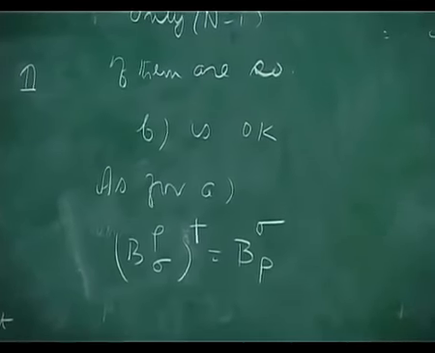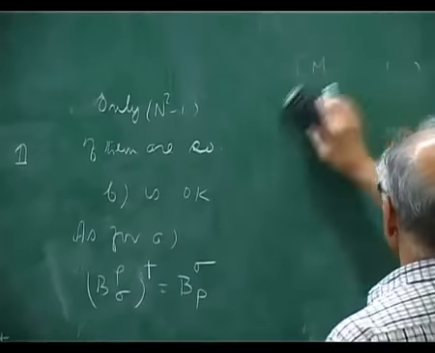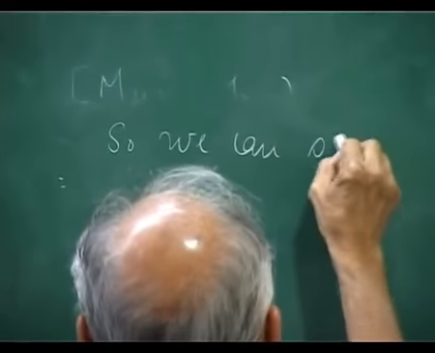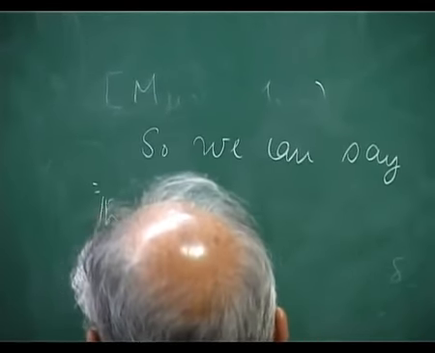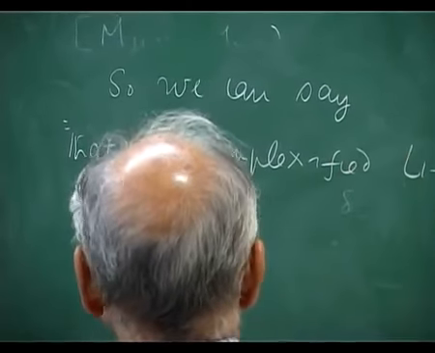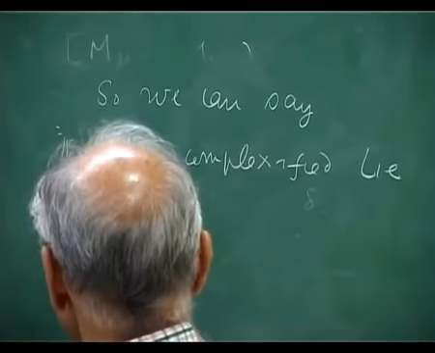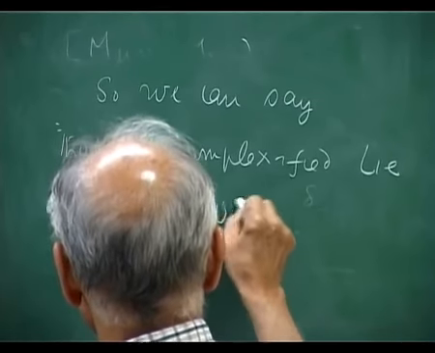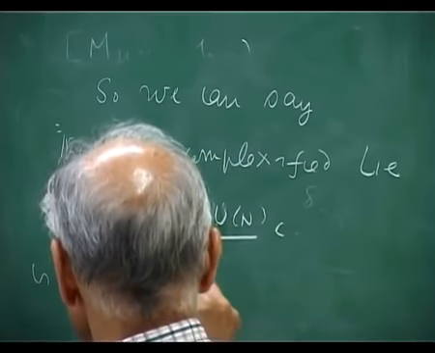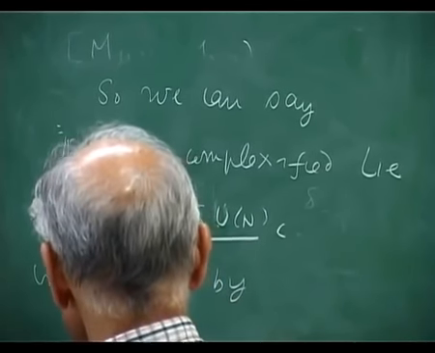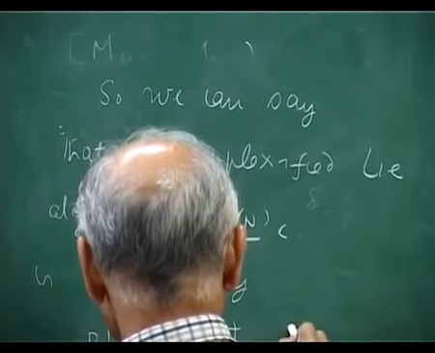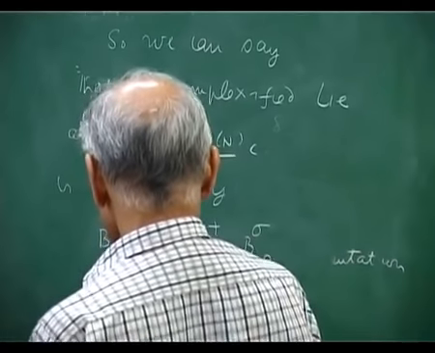And the commutation relation, so I can say that the complexified Lie algebra, let me call it SUN, where I am allowing complex coefficients, is spanned by B rho sigma, which fulfill the conditions B rho sigma dagger is B sigma rho and the summation over rho of B rho rho is 0.